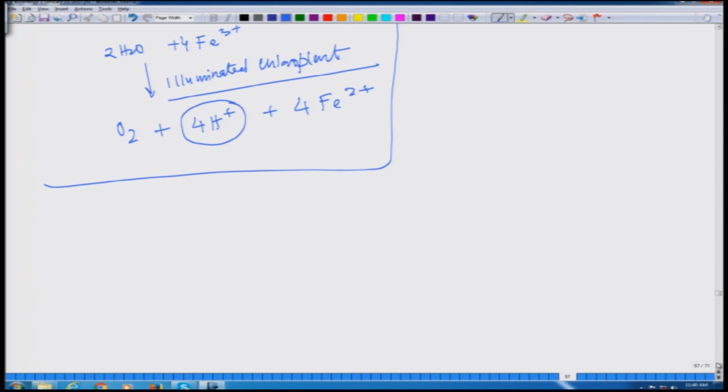The second aspect the Hill reaction confirmed, as we have already talked about, is that the evolved oxygen comes from water, not from carbon dioxide.